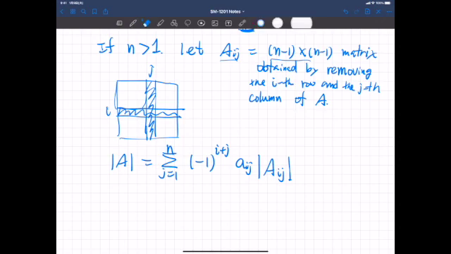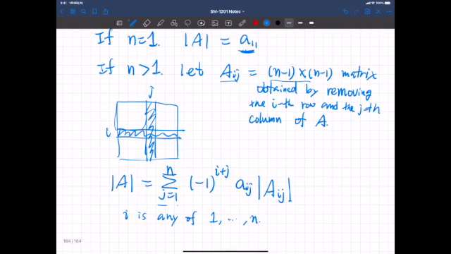Here j runs from 1 to n, and i is any of the numbers from 1 to n. So this is the definition of the determinant of an n by n matrix.